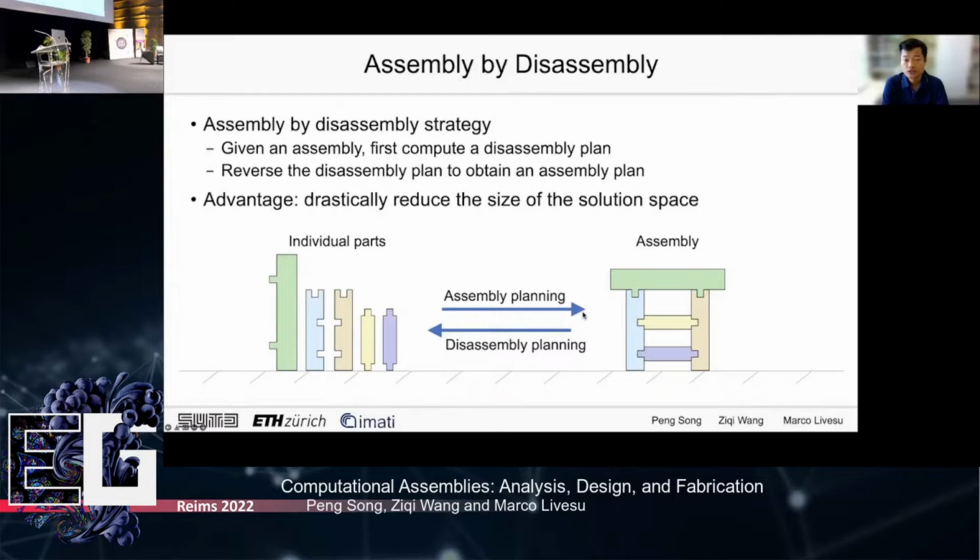In this strategy, we first compute a disassembly plan for a given assembly, then we obtain the assembly plan by reversing the disassembly plan. The advantage of this strategy is to dramatically reduce the size of the solution space for searching the valid assembly plans. This is because parts in an assembled state have far more precedence and motion constraints than in a disassembled state.